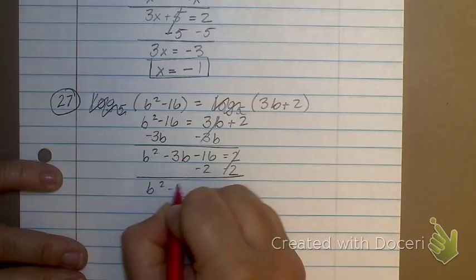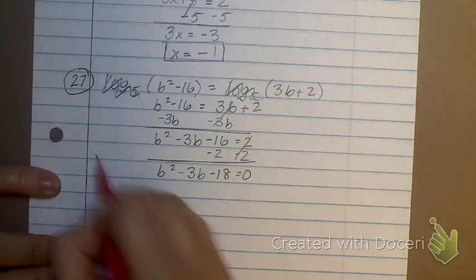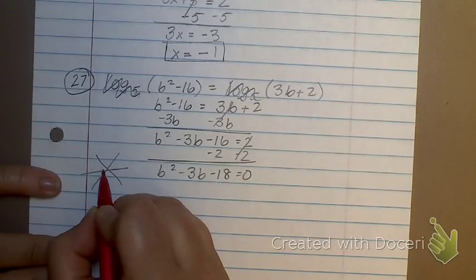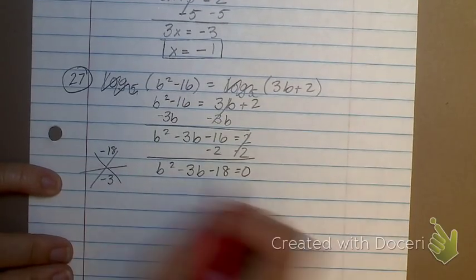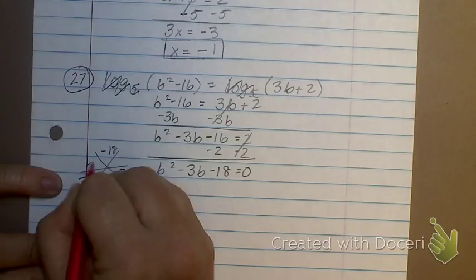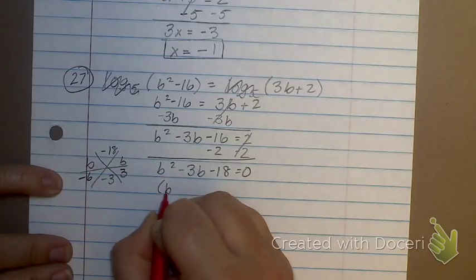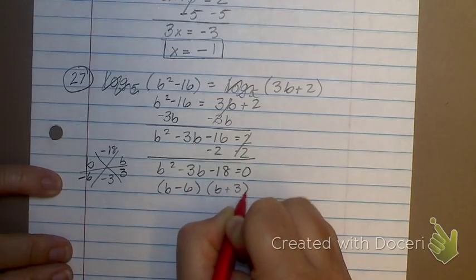B squared minus 3b minus 18 equals 0. I can snowflake this guy. Negative 18 and negative 3. What are two numbers that multiply to get negative 18 and add to get negative 3? Negative 6 and 3. So I have b minus 6 and b plus 3.